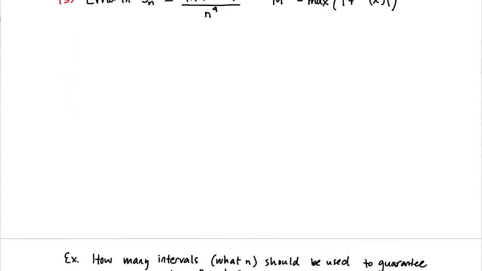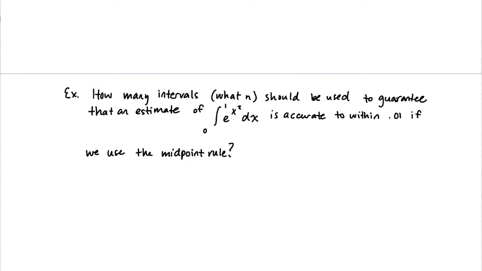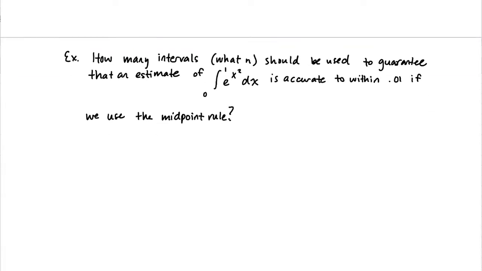Let's practice calculating the error bound. Let's say we want to know how many intervals we should use to guarantee that our estimate of the integral of e to the x squared from 0 to 1 is accurate within 0.01. Basically, we want to know how to keep our error bound less than that 0.01 value.